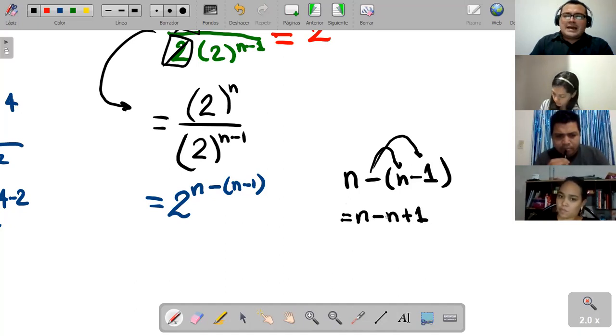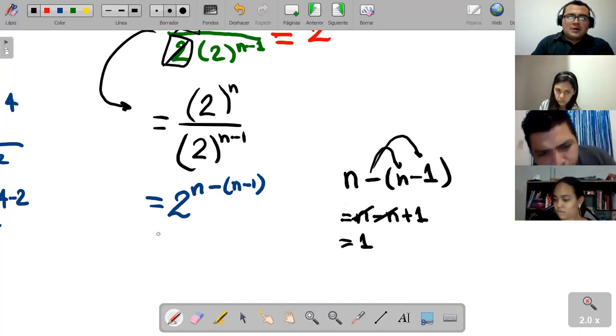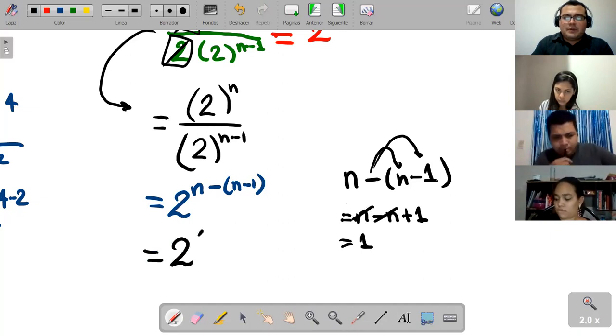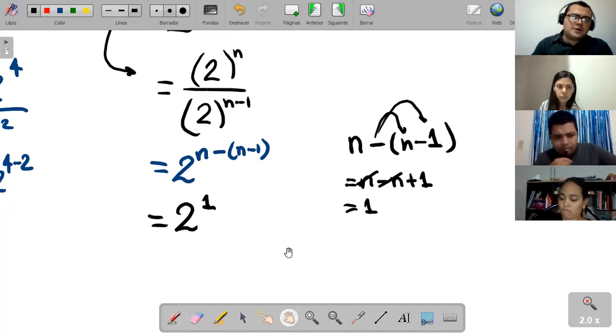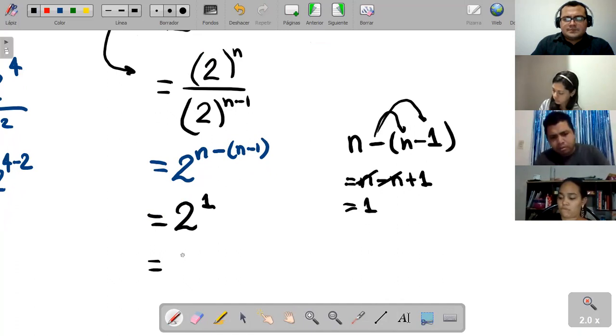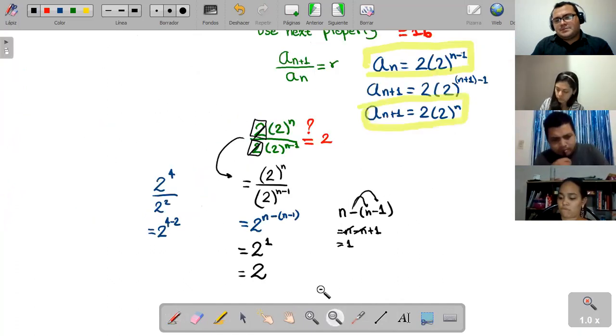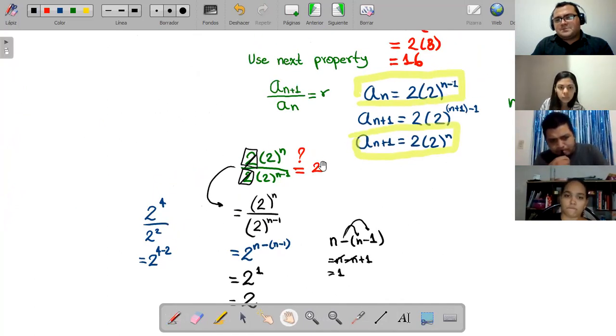And what happened with the n and the n? They make 0, right? Positive n, negative n, they cancel each other. At the end, this is just 1. What we have here essentially is 2 at the power of 1. Question, what is 2 to the power of 1? It's 2. Finally, we discovered that this is really 2.